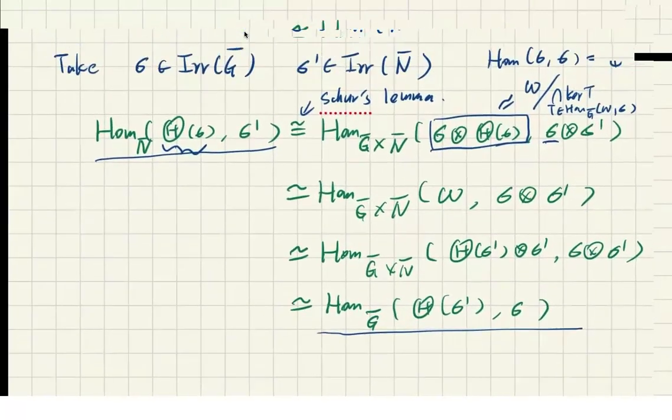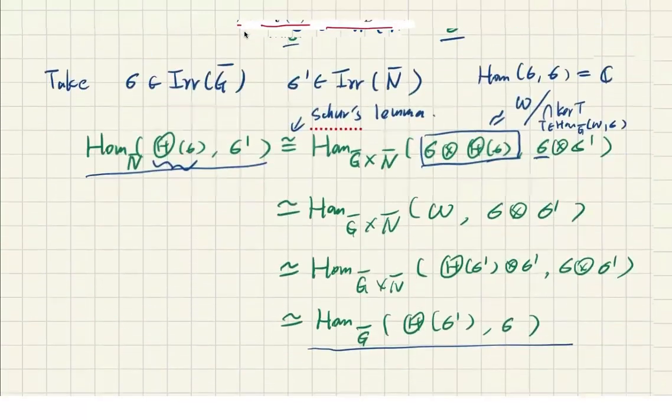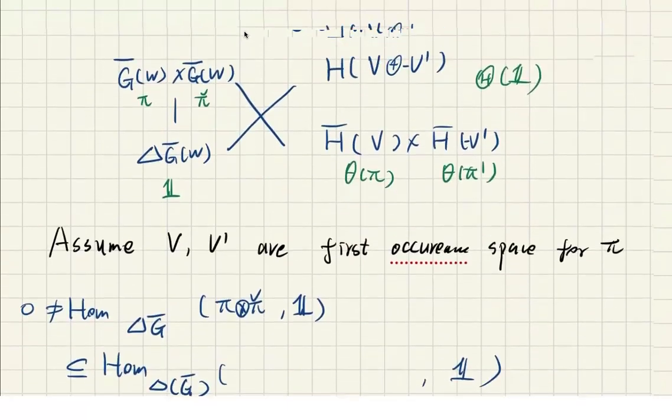Okay, so on the other hand, let me give you an example to apply the seesaw argument to deduce this inequality from the late occurrence of the trivial representation of the anti-split tower.